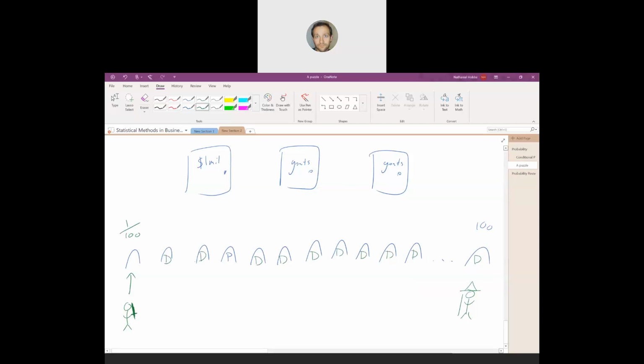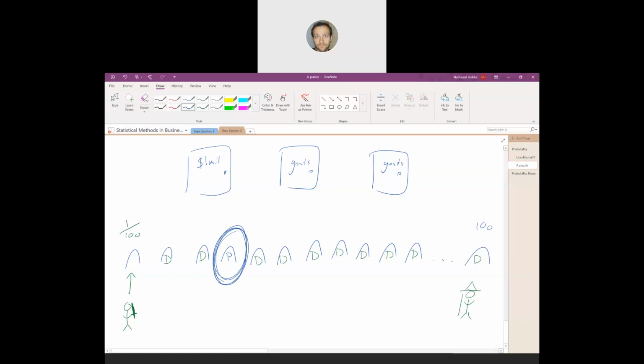Should you change your mind? In this case, absolutely. Right? You had a 99 out of 100 chance that you're going to choose a dragon. Then, of all the dragons, the only one that you can leave open is the one with the princess.